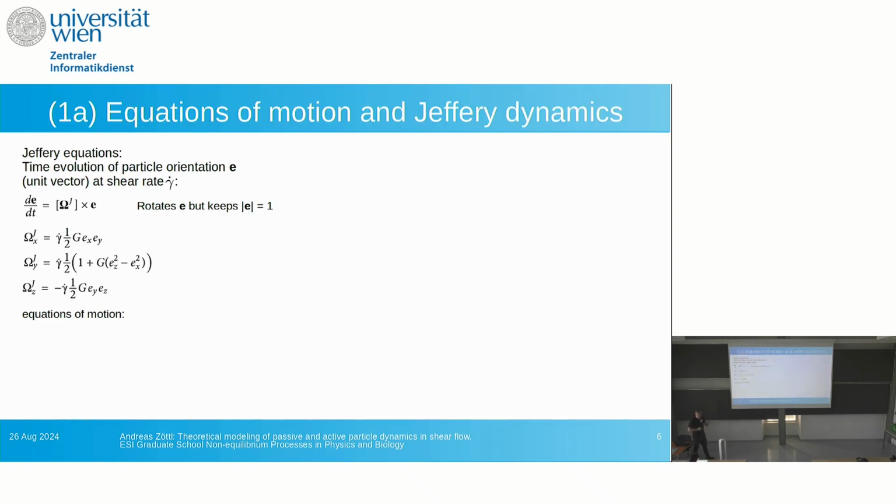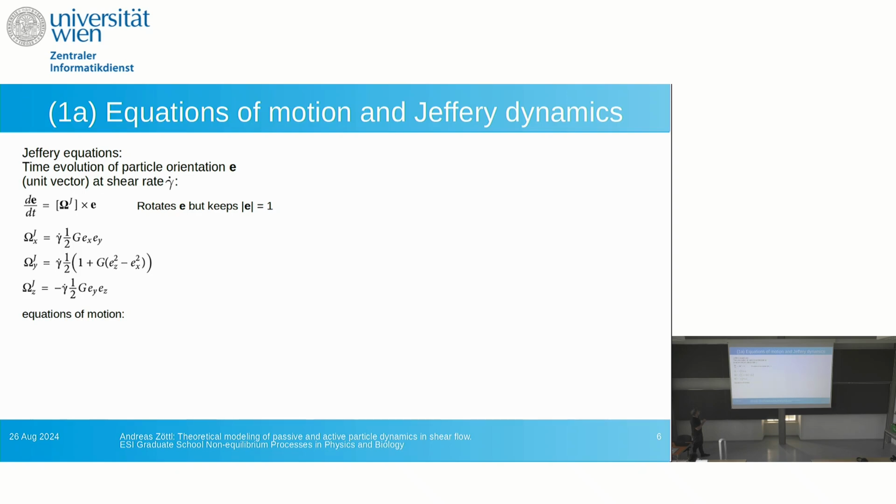Okay, but how does the director of the particle, which essentially gives the dynamics of the particle, change over time? This is a simple overdamped equation for the change of the director E over time.